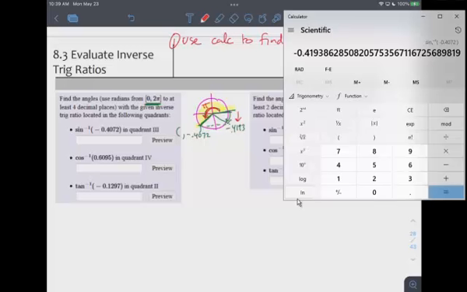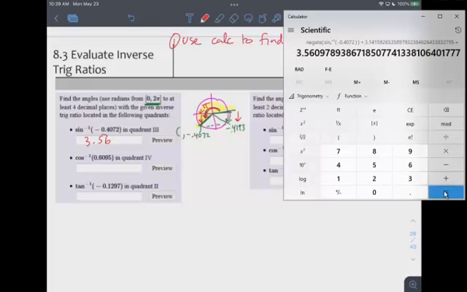That takes me all the way to this point. And then I need to rotate how much more? I need to rotate this reference angle more. So I'm going to take this number that I have right here, change the sign, and then add pi to that. And that gives me my total angle of 3.56.